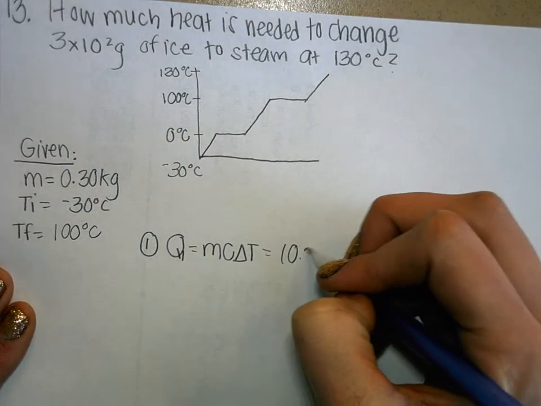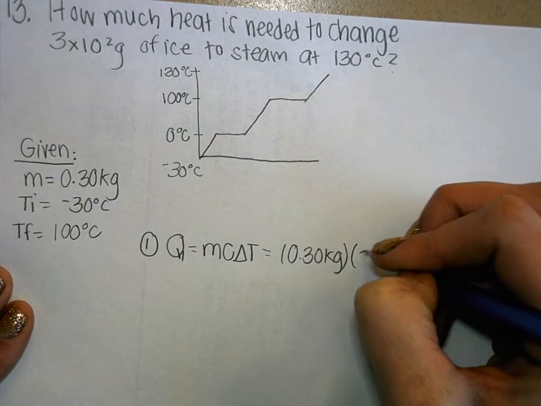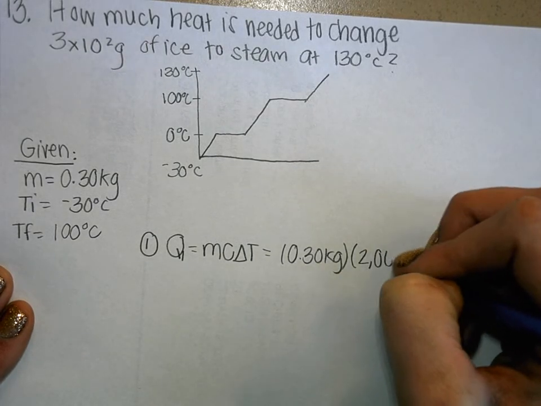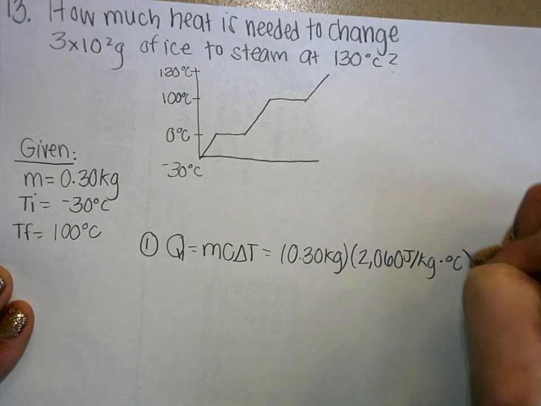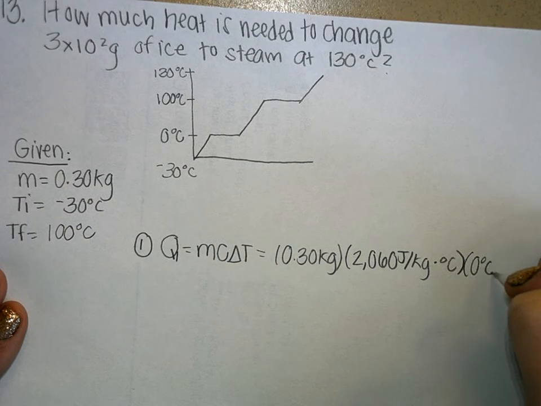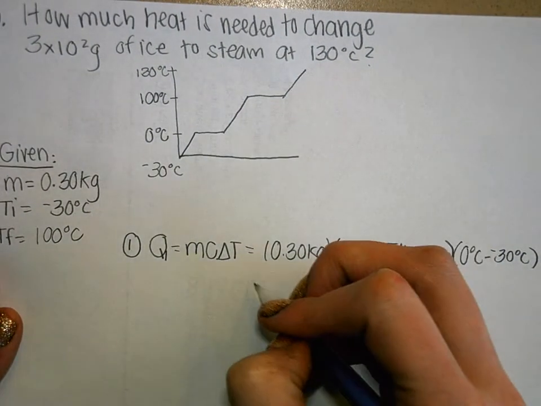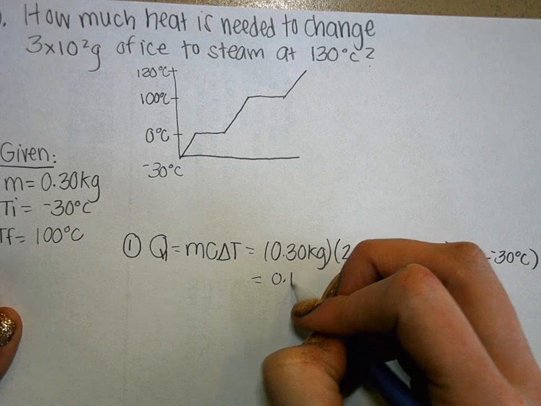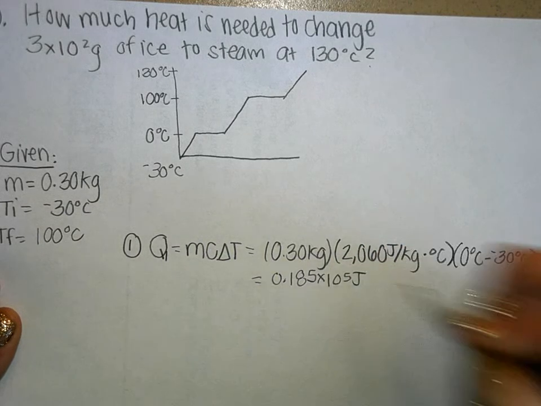So this is just 0.30 kilograms times the specific heat of ice, 2060 joules per kilogram degrees Celsius, times our temperature change, 0 degrees Celsius minus negative 30 degrees Celsius. That's going to give us 0.85 times 10 to the 5th joules.